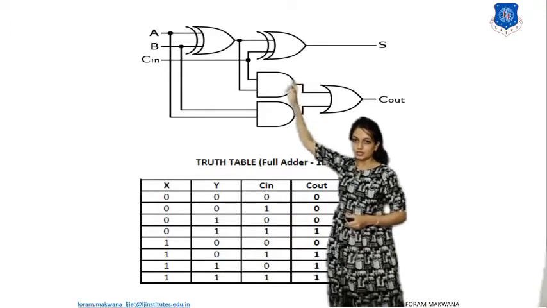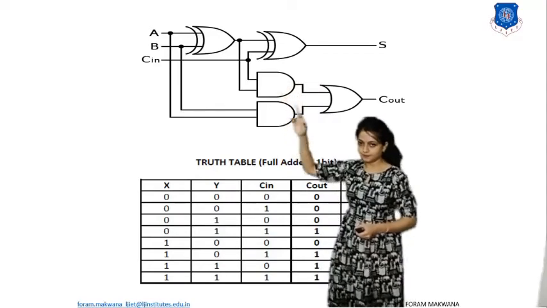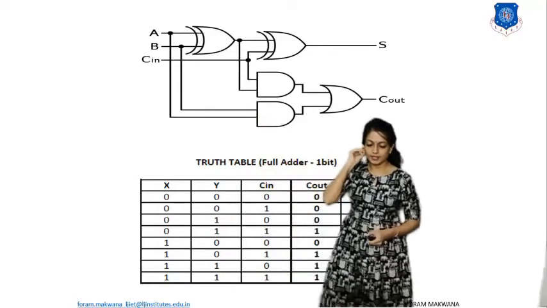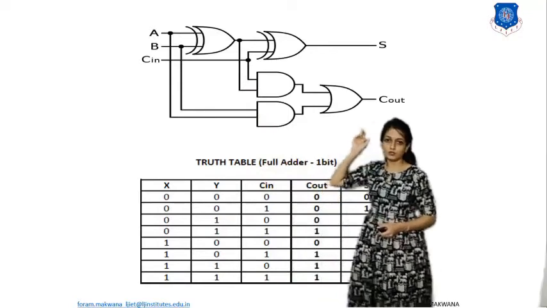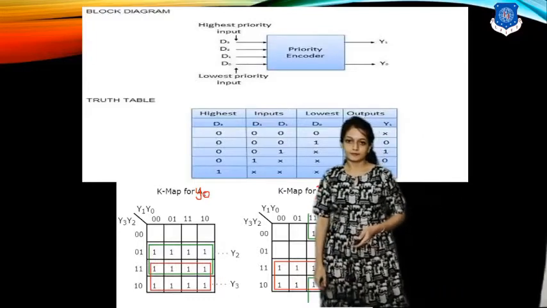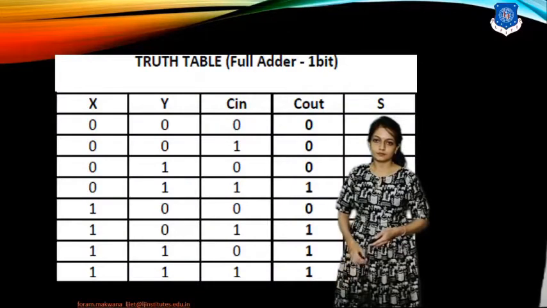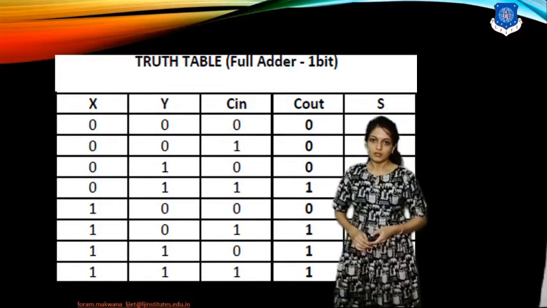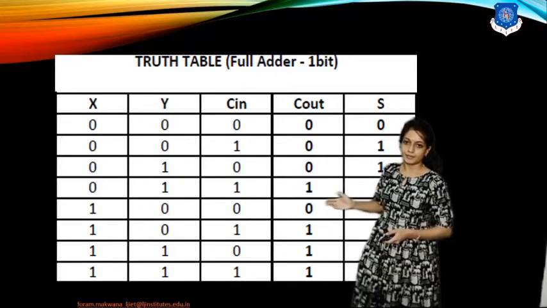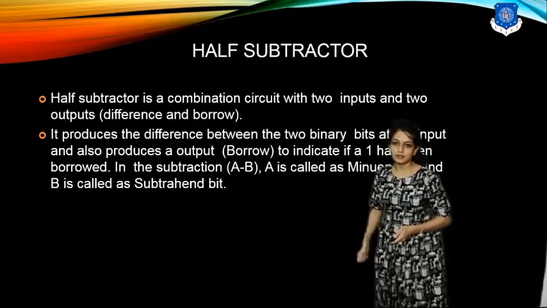So over here, the XOR gate with the AND gate is 1 half adder, AND gate and another XOR gate is the second half adder, and combination of these two will give you the final carry output. Alright. This is the way that how to represent the carry out and the sum.